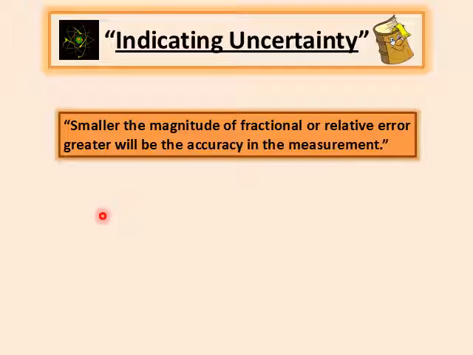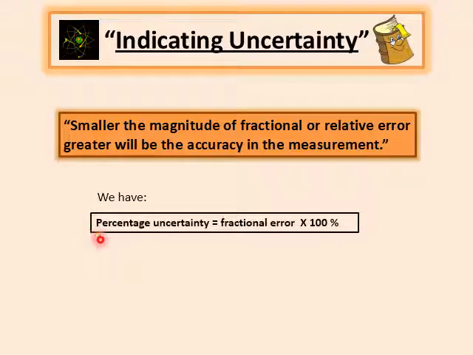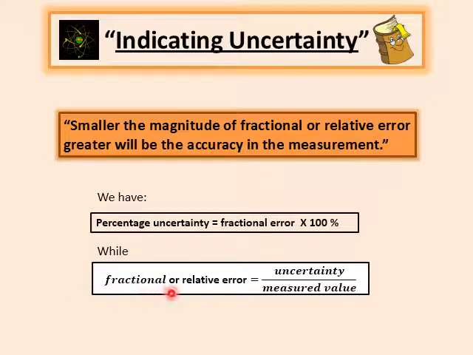Now students, the second one is that we have a formula or relation for percentage uncertainty. The percentage uncertainty is fractional error times 100%, and the second formula is: fractional or relative error is equal to uncertainty divided by measured value.